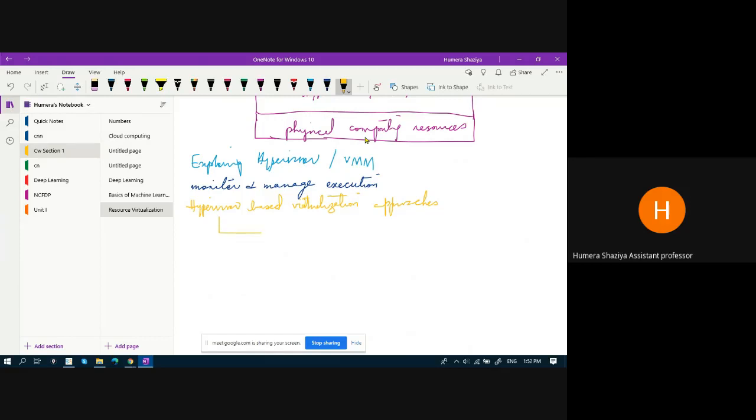They are, first one, full virtualization, para virtualization, and hardware assisted virtualization.